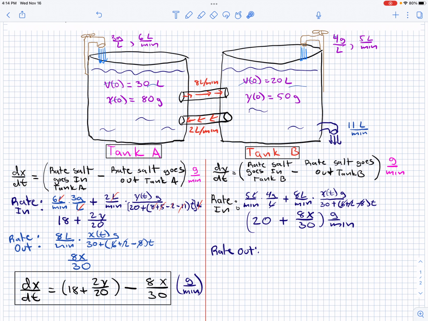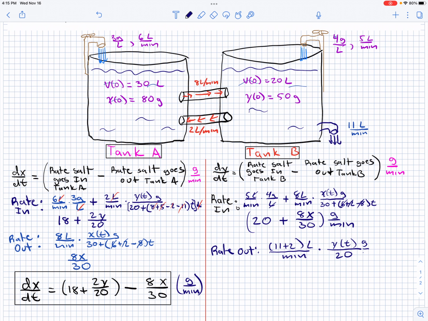So we know that that's actually just going to be, well, I'll write it, 11 plus 2 liters per minute times the salt from tank B, so y of t in grams, over the volume, and the volume is, I'm just going to write 20 this time because we can see that when we're looking at this particular salt in tank B per the volume in liters, it's going to be the same expression, so we don't need to keep writing that anymore.